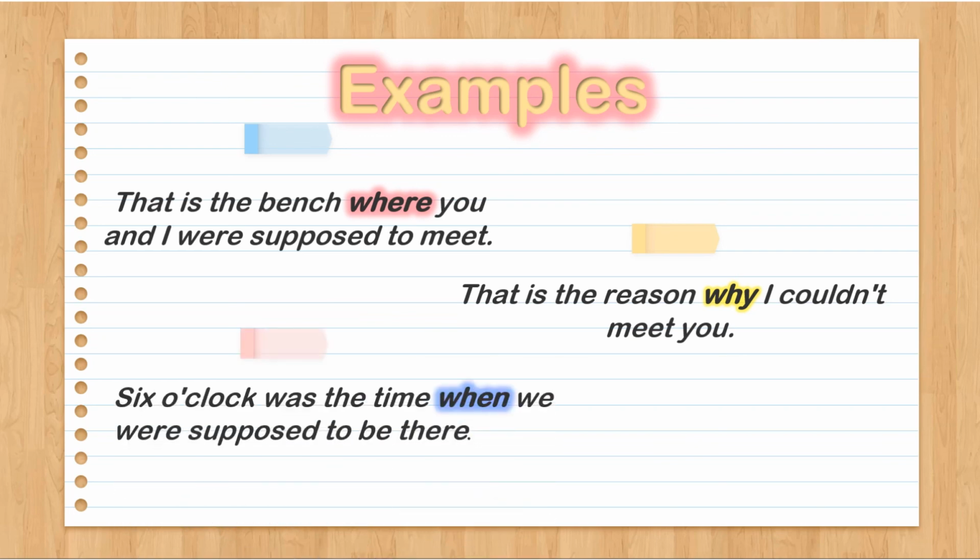Then you have: six o'clock was the time when we were supposed to be there, right? So when is another relative adverb here. So you have an adjective clause. Six o'clock was the time, that is the independent one, and when we were supposed to be there, the dependent one, right?